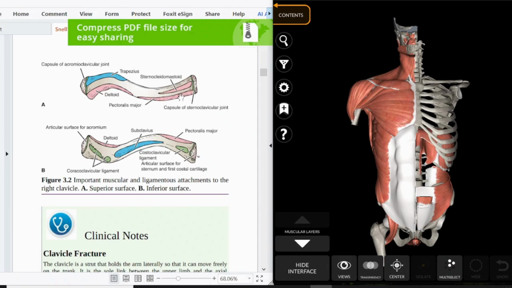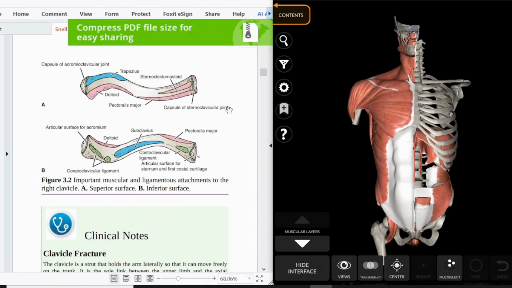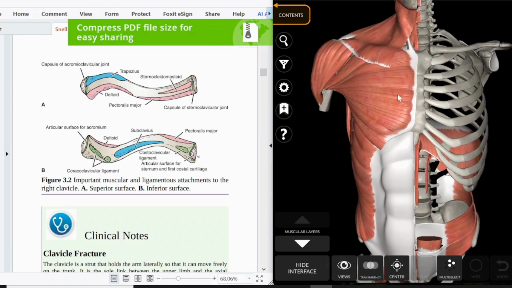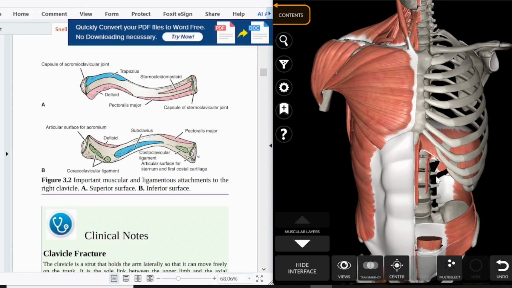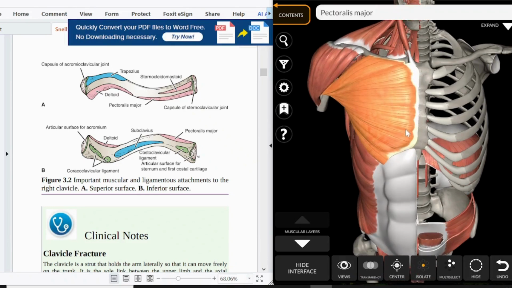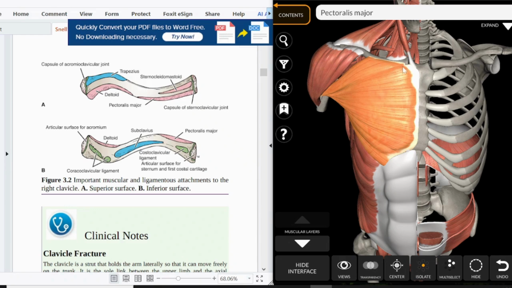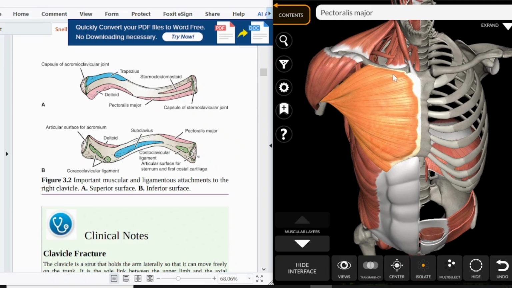Just on the medial side, there is the origin of the pectoralis major muscle. If in this diagram we hide the platysma muscle, we can see that the clavicle, with the sternum, is giving rise to the pectoralis major muscle.